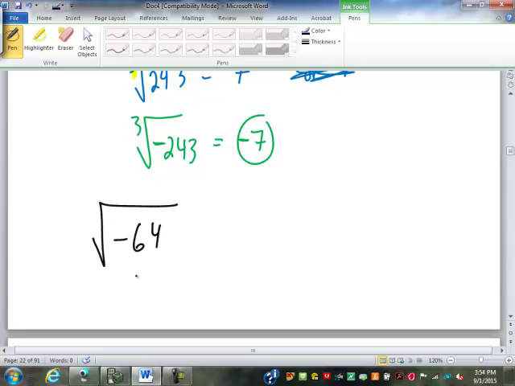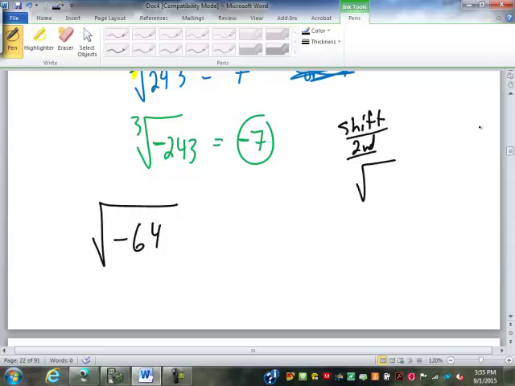So now with that in mind, what would be the square root of a negative 64? If you know this, stay quiet for just a second. If you were to punch that in your calculator, what's it going to do to you? Most of your calculators, you have to hit the square root key first and then type in the negative 64. On many of your calculators, you have to do shift or second to get to the square root key.